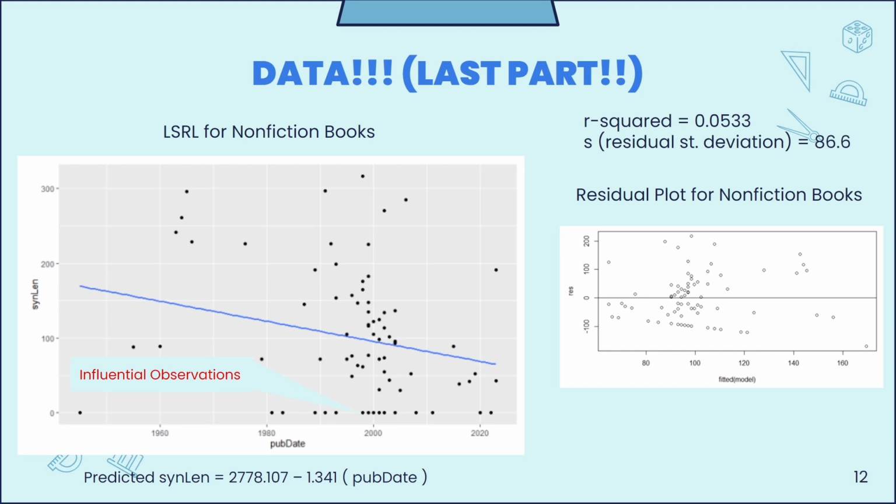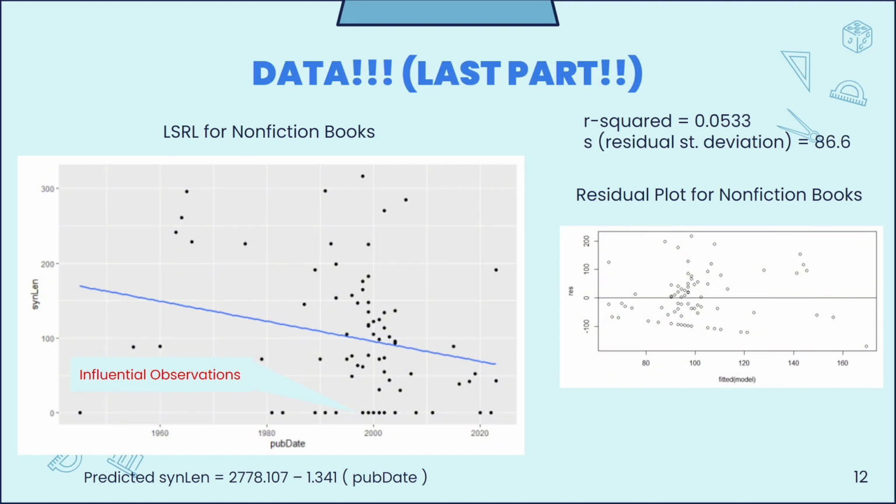And this is our scatter plot for the nonfiction books. As you can see, we have a very downward sloping graph, where if we had a supposed book with a publishing date of 0, it would have a synopsis length of 2,778 words. And for every extra year added to our publication date, we subtract 1.341 words from that beginning number of 2,778.